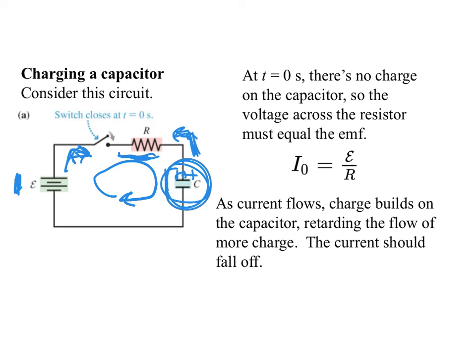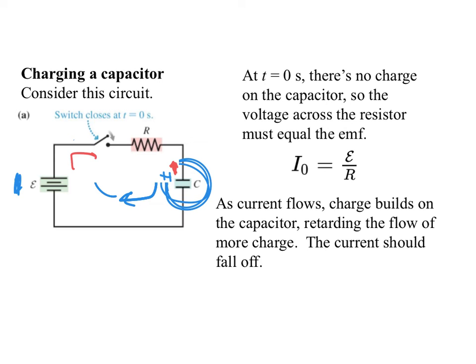The battery is probably still going to win, at least at first, but as more charge moves through and we build up more charge on the capacitor, we'll end up getting that we can't get much flow anymore. The charge that has flowed out has created positive charges here that are trying to move back this way. As new positive charge comes in, they push back, and so the current drops.